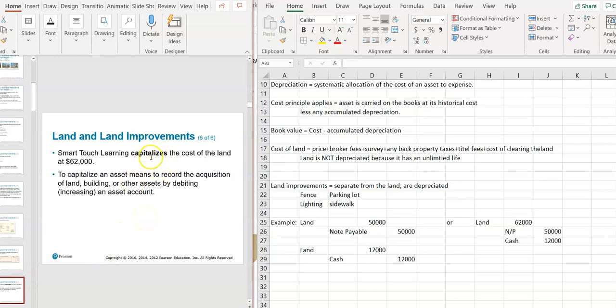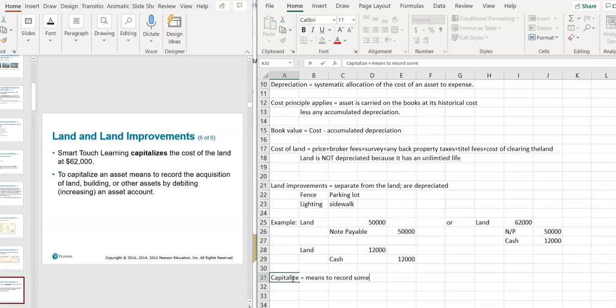All right, capitalizing, they used a new term here. Capitalizing means that you record something as an asset account, means you're putting it on the balance sheet as an asset.